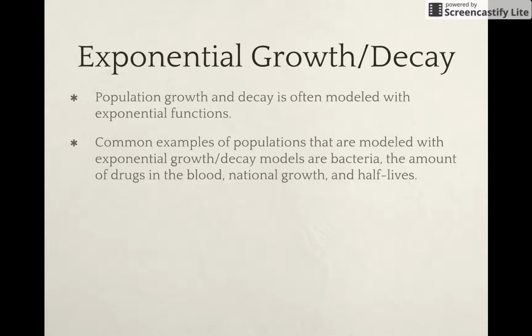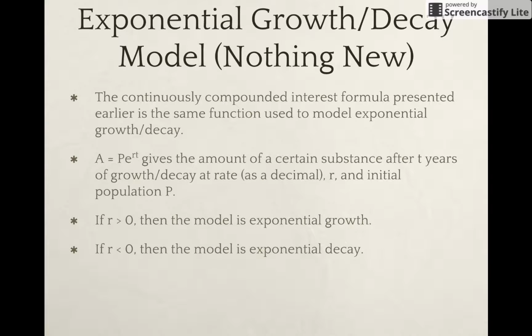Talk about exponential growth and decay. Exponential functions are great to model this kind of growth or decay because exponential functions either increase rapidly or decrease rapidly depending on the equations. Exponential growth and decay model is actually nothing different from our continuously compounded interest formula.